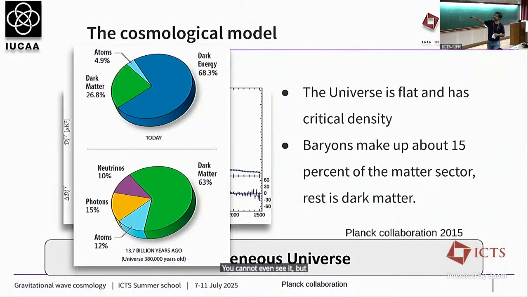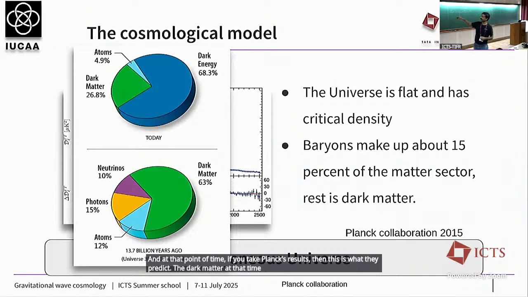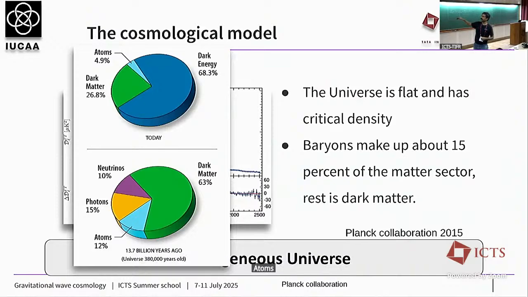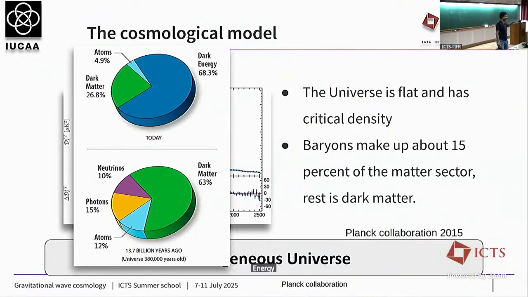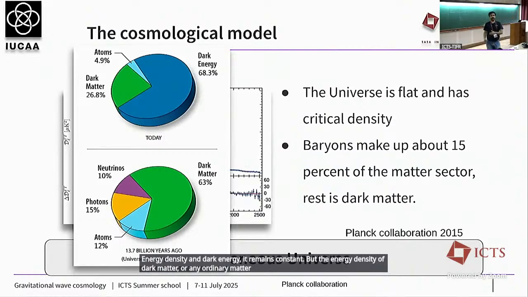But that was not the case when the CMB itself was released. At that point in time, if you take Planck's results, this is what they predict. Dark matter at that time would constitute 63%, atoms about 12%, and then photons plus neutrinos about 25%, at the time that the CMB was released. And you can see that from there to here, dark energy has grown. The reason is that the energy density in dark energy remains constant, while ordinary matter falls down as the universe expands.